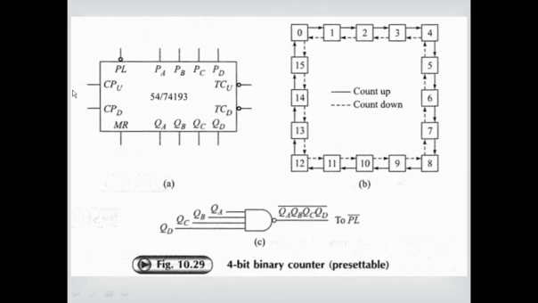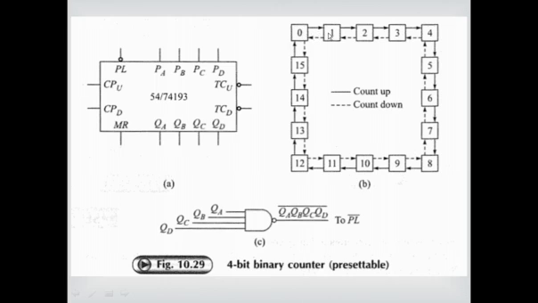Then if you apply the system clock to the CPU, the content of the counter is going to be advanced by 1. So, every clock pulse, the content of the counter is going to be advanced by 1. That way it is working in a count up mode, and it is progressing this way, shown by the arrow.